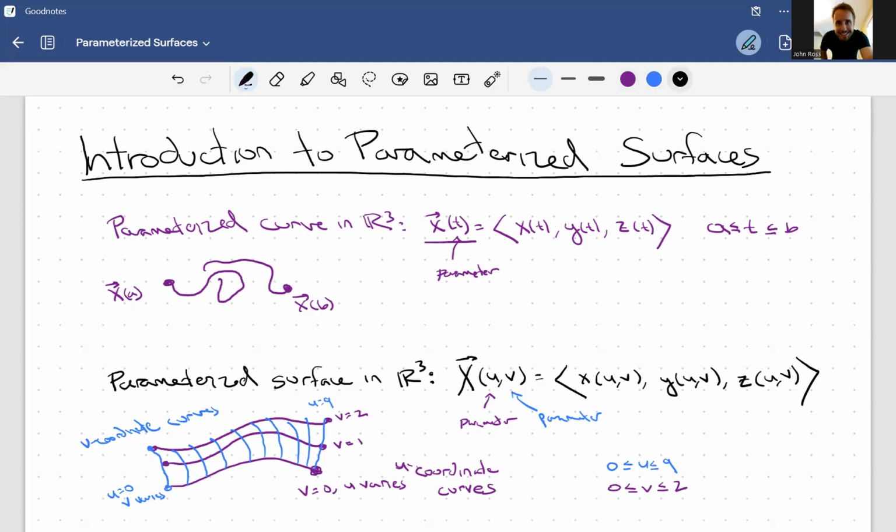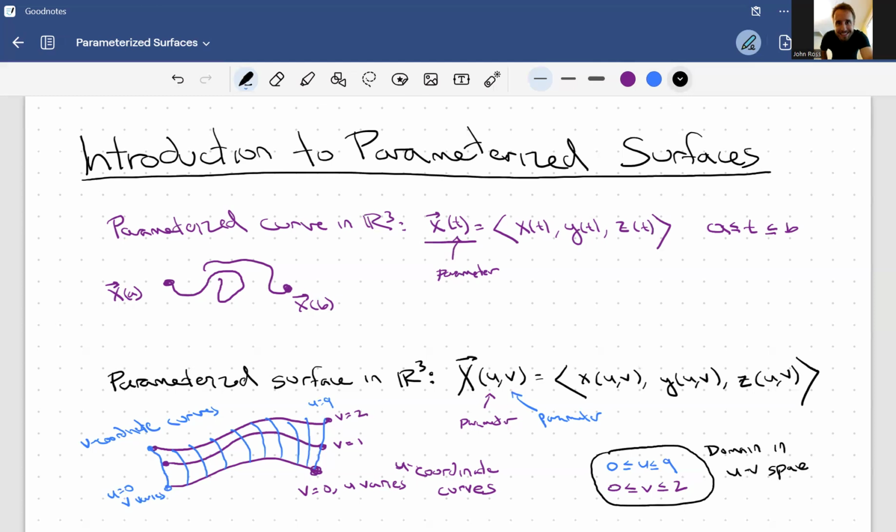But more broadly, just like previously, we let t go from a to b and be some interval in our t space. Here, we're going to let our u's and v's vary within a given domain in the uv parameter space.